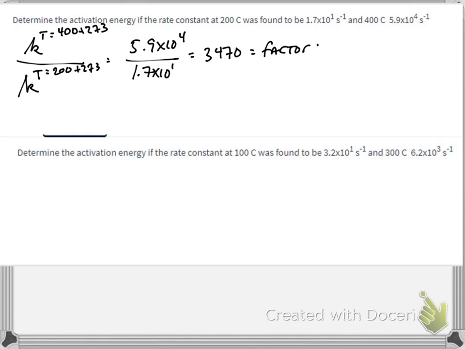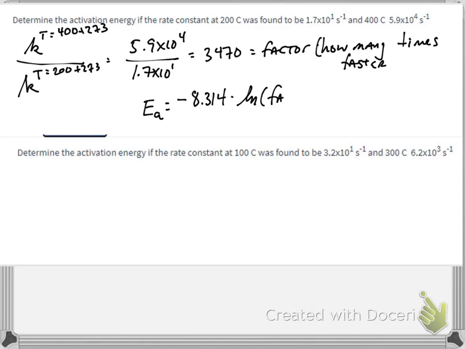So 3,170 times faster. Now that we know that, we can plug it into our equation. The activation energy is minus R, minus 8.314, times the ln of the factor divided by the difference of our reciprocal temperatures. If we do that, we get 108 kilojoules per mole.